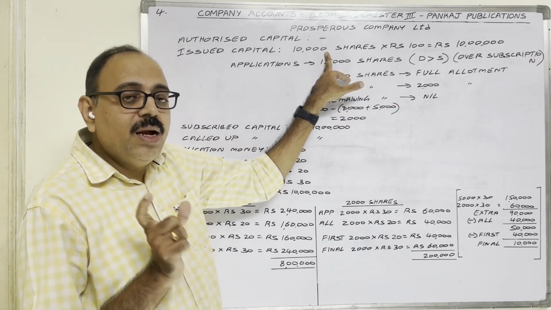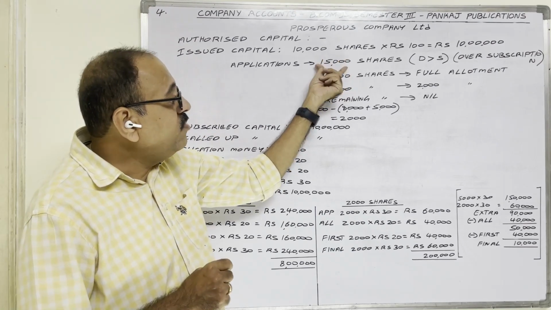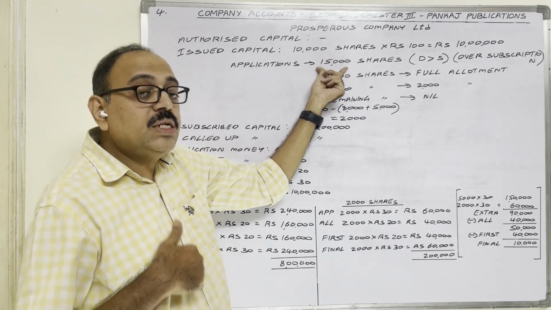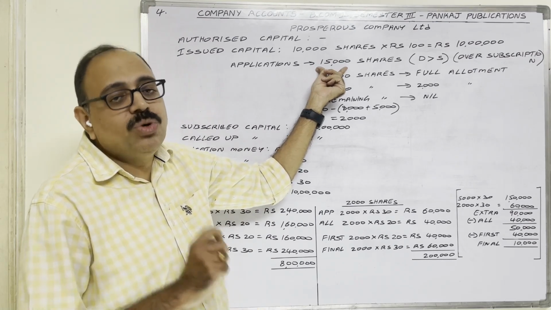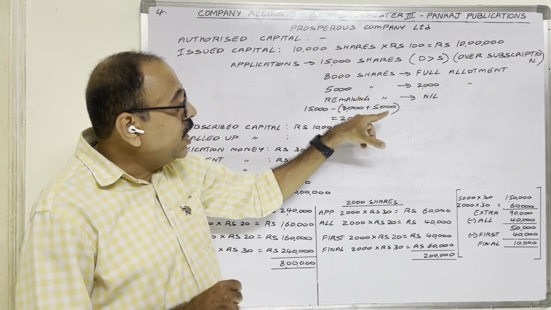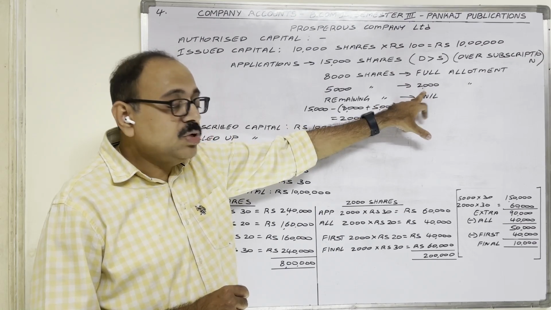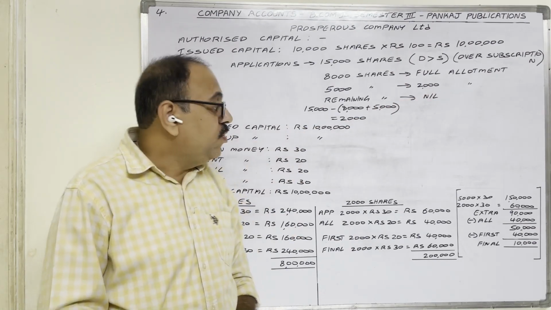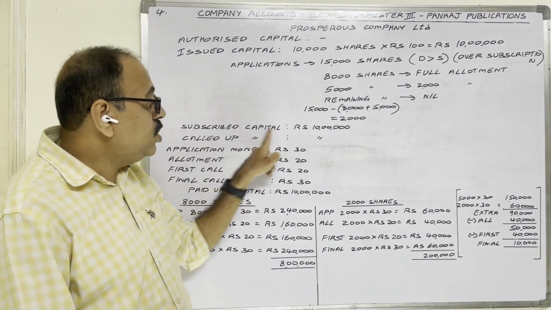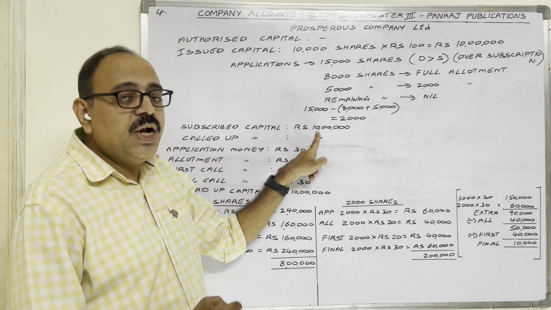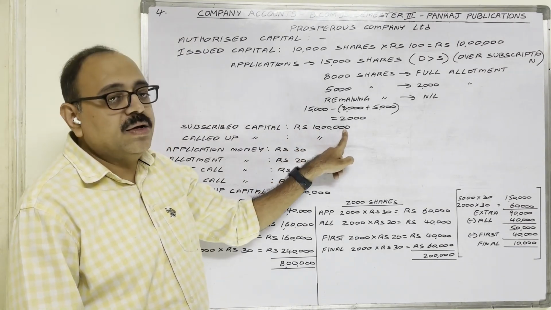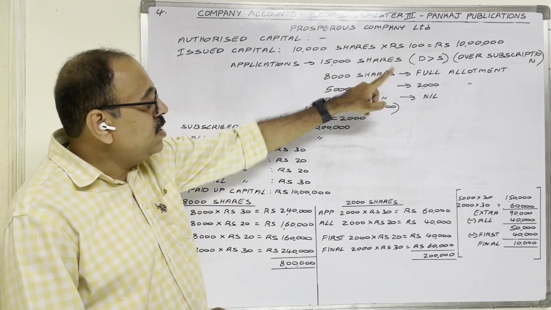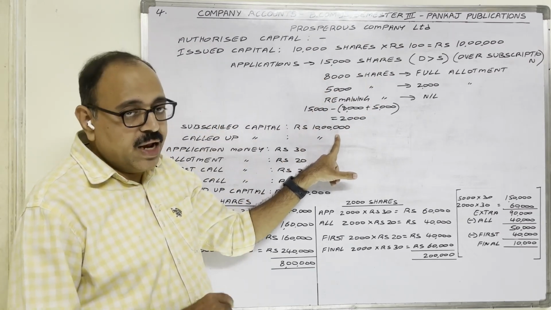So while calculating subscribed capital, not 15,000 but the number of shares allotted by the company is considered. The company finally allotted 8,000 plus 2,000, 10,000 shares only. Therefore, subscribed capital is also 10,000 shares at 100 rupees each, 10 lakh. So issued capital is 10 lakh, subscribed capital is also 10 lakh.